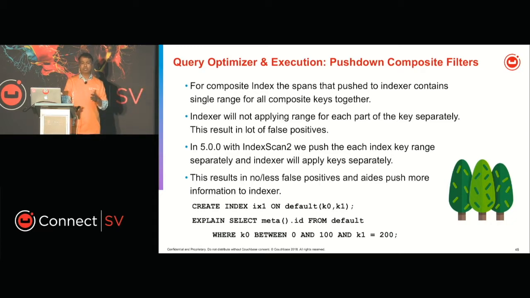If you want to improve something, you have to find a way to do less work, right? So by pushing down the multiple predicates and applying them efficiently in each range scan, the indexer is getting us less data, or in fact, we don't get false positives. So we do less work, so your query performance is faster.